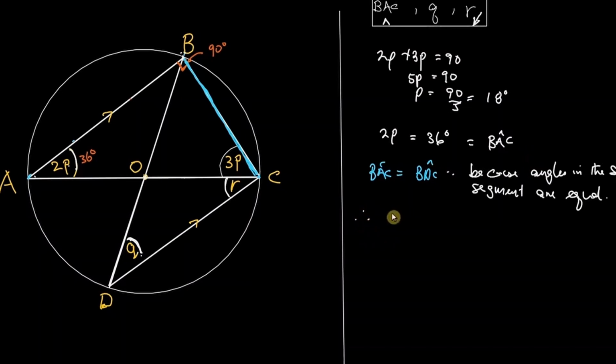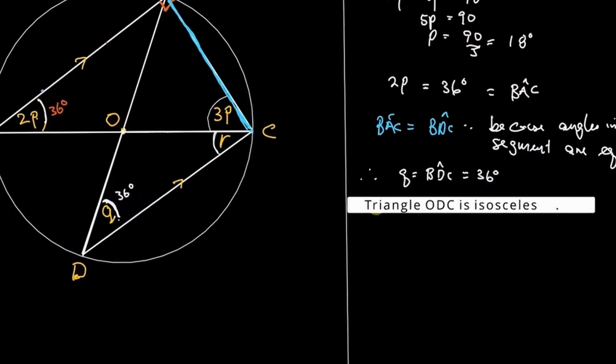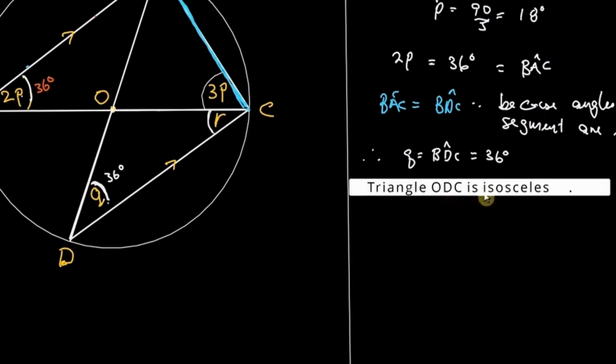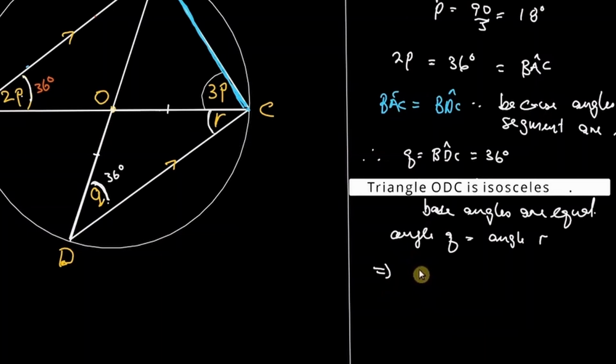Therefore, Q, which is equal to BDC, is equal to 36 degrees. Let's put that in. Now, consider triangle ODC, and we know that triangle ODC is isosceles. Therefore, the base angles are equal. So angle Q is equal to angle R. Result, R is equal to Q, which is equal to 36 degrees.